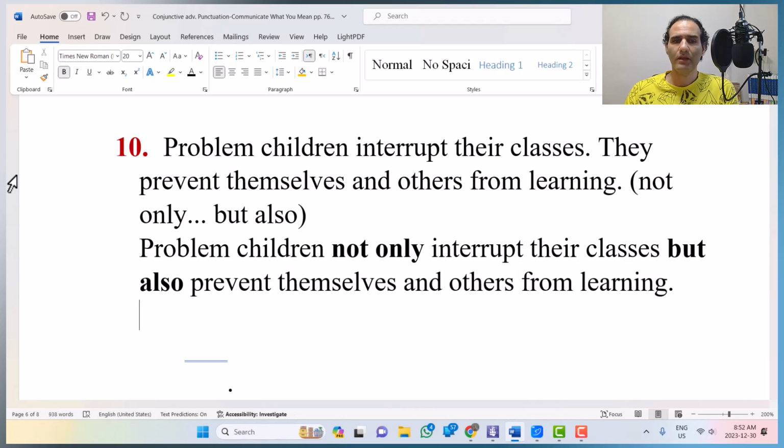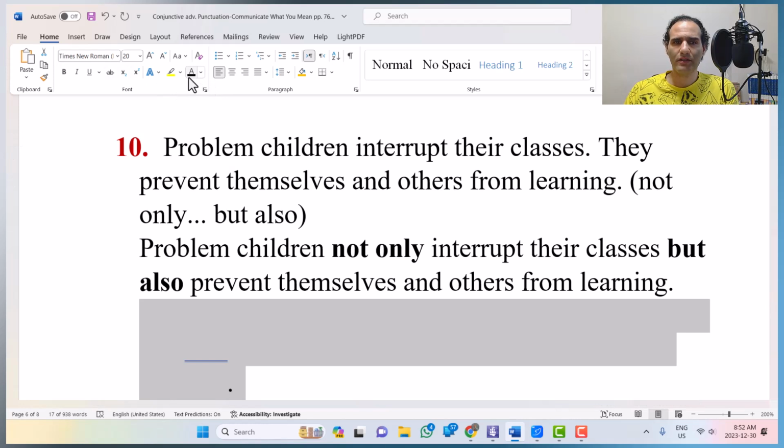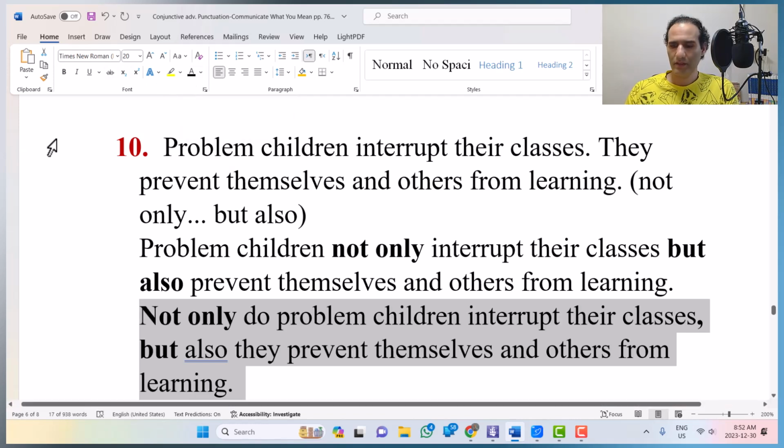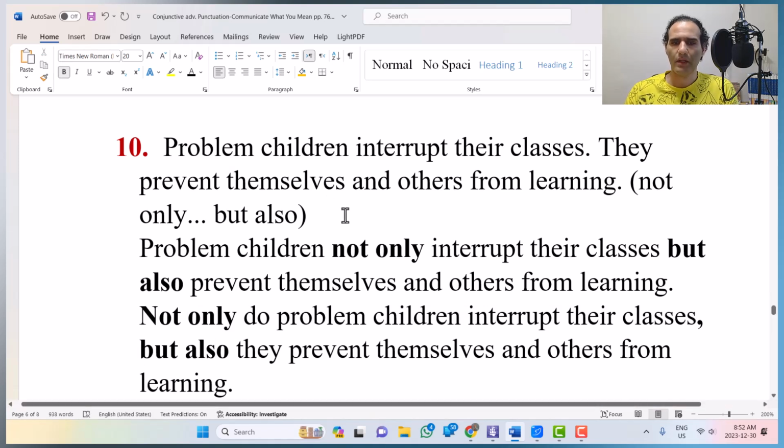Okay, and also we can have not only but also in the beginning of the clause, connecting two independent clauses together. How so? Not only do problem children interrupt their classes, comma, but also they prevent themselves and others from learning.